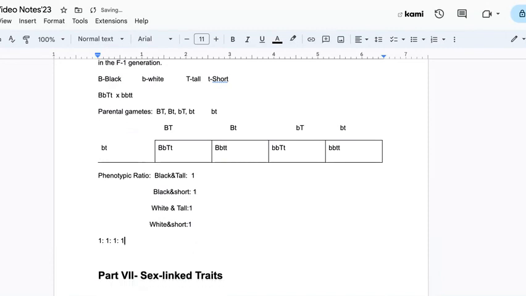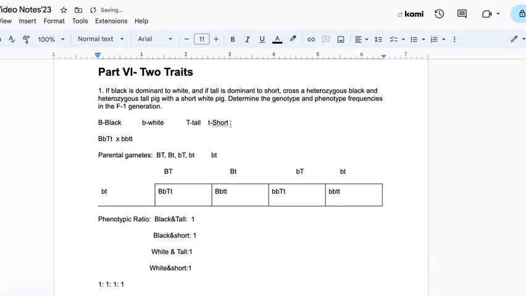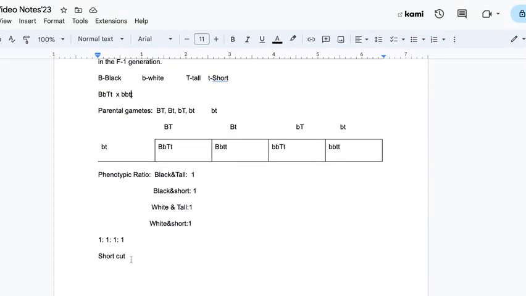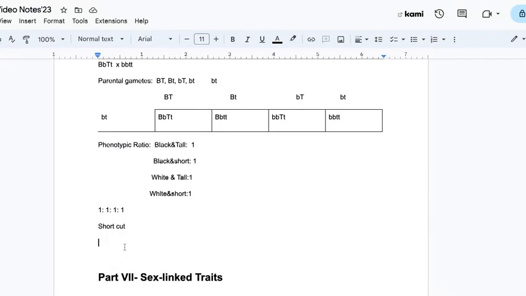Okay, here's the shortcut. So you could take the probabilities of coloration and height individually and multiply them together and get the same phenotypic ratio. So we can look for the coloration ratio.